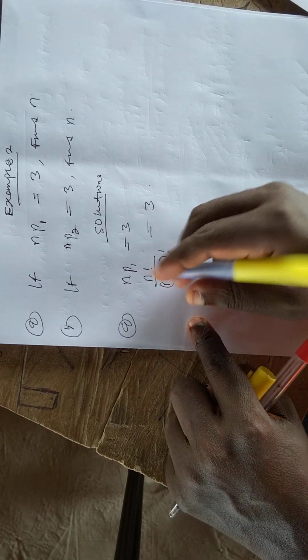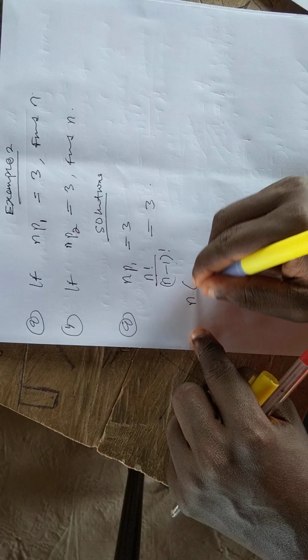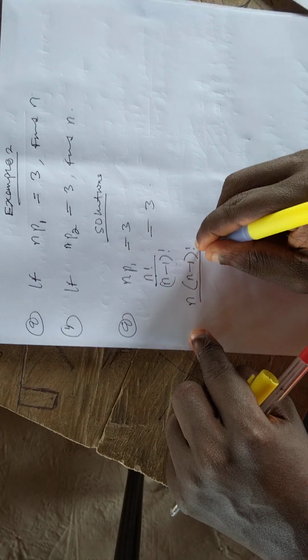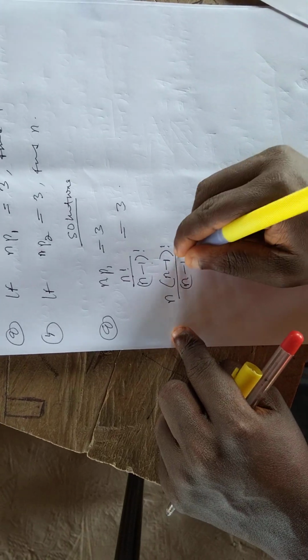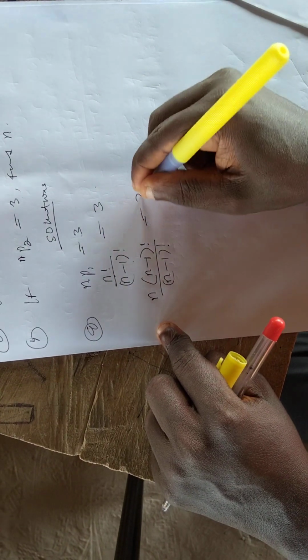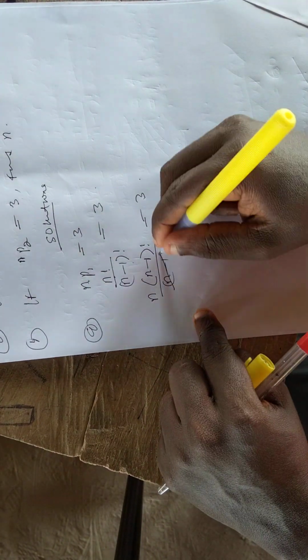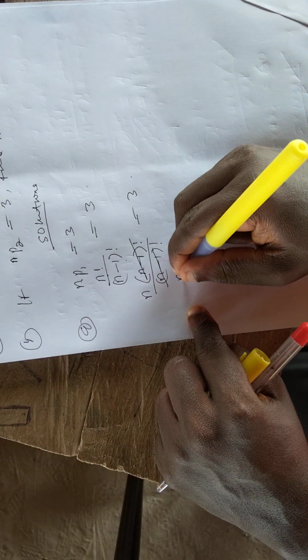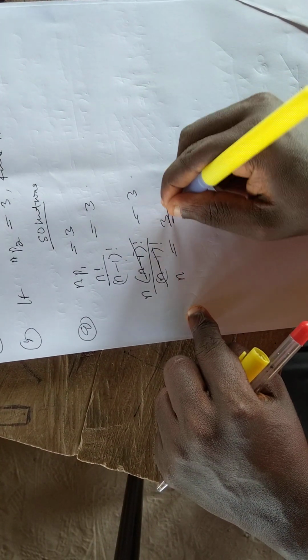So n factorial is the same thing as n into n minus 1 factorial over n minus 1 factorial equals 3. So n minus 1 factorial will cancel n minus 1 factorial. So n is equal to 3.